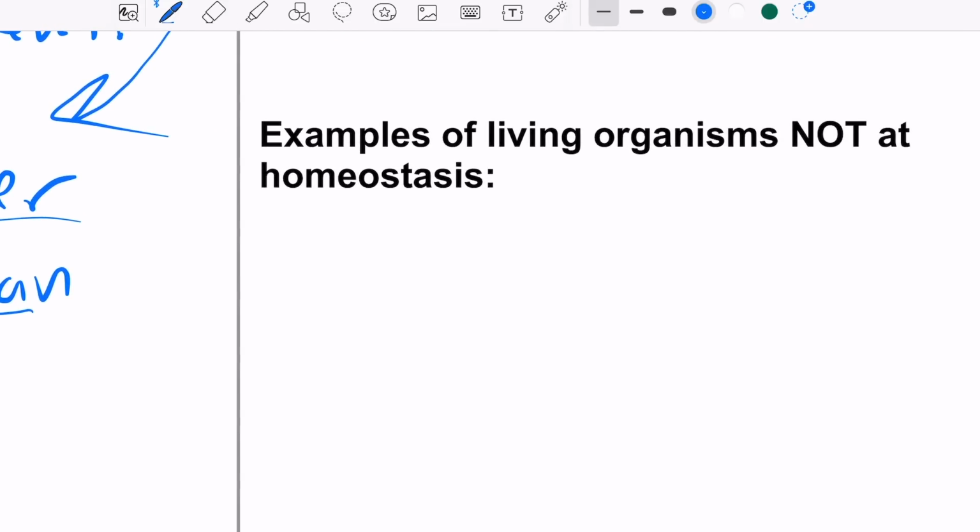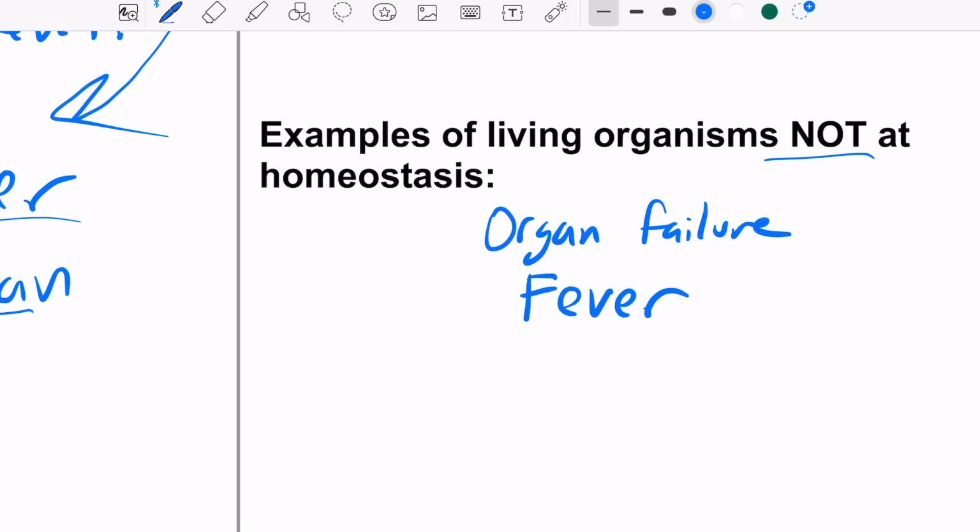Examples of living organisms not at homeostasis, the complete opposite of what I just said: organ failure, fever, bacterial infection, etc.